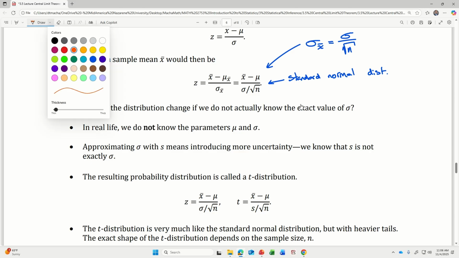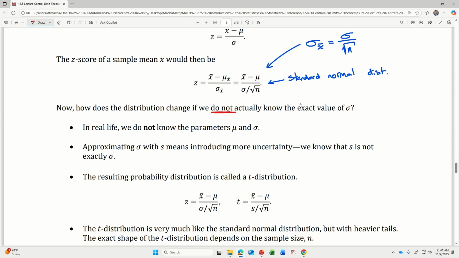And now the question is, how would the distribution change if we do not actually know the exact value of that standard deviation? Because in real life, we don't know what the mean of the underlying distribution is. We don't really know what the standard deviation of that distribution is. Whenever we approximate the standard deviation with this lowercase s sample standard deviation, we are introducing some uncertainty.